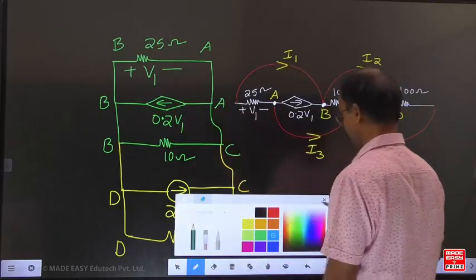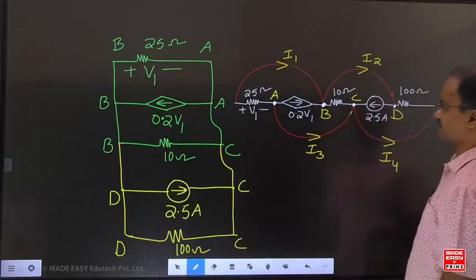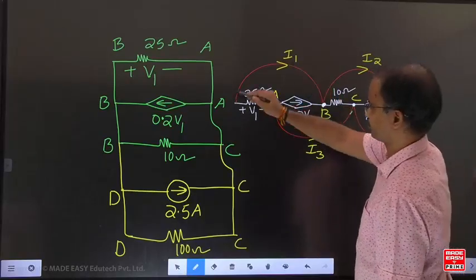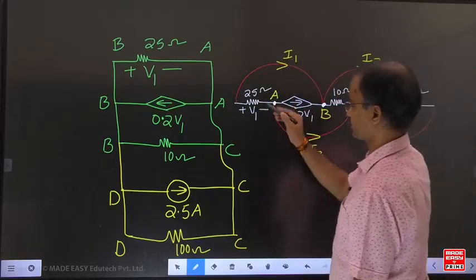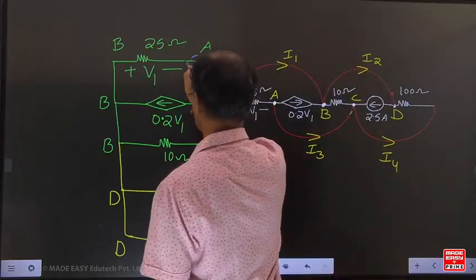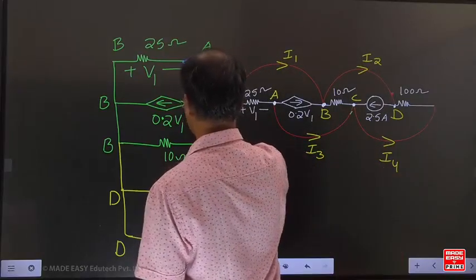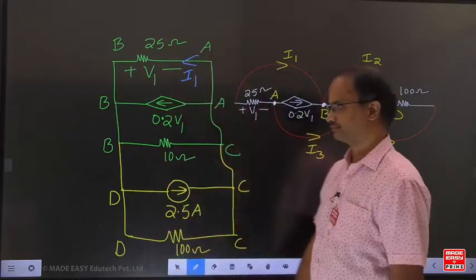Now let us indicate the I1, I2, I3, I4 positions. I1 is going from A to B in the 25 ohms.